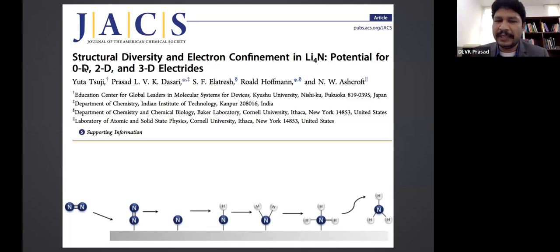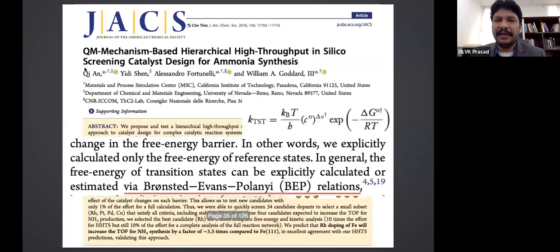Following this work, it has also been shown in another paper very recently, talking about a quantum mechanical mechanism-based hierarchical high throughput in silico screening to make catalysts for the synthesis of ammonia. It's in the process of being verified in the labs. I'm not showing or talking about that work, but people have been working on making catalysts for the synthesis of ammonia. So that we have done in part using in silico techniques.